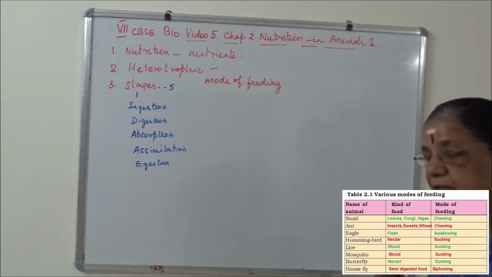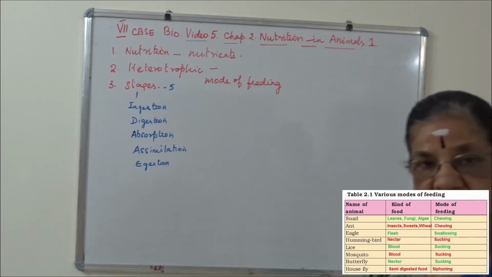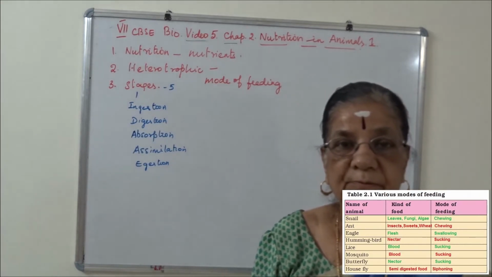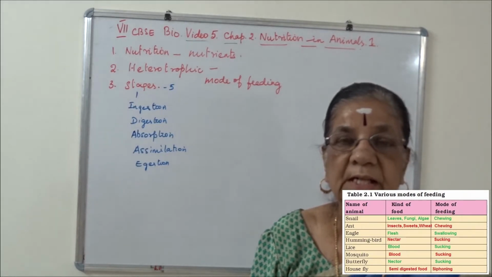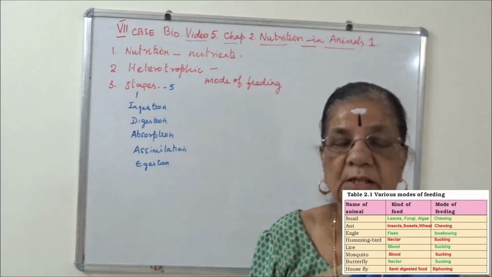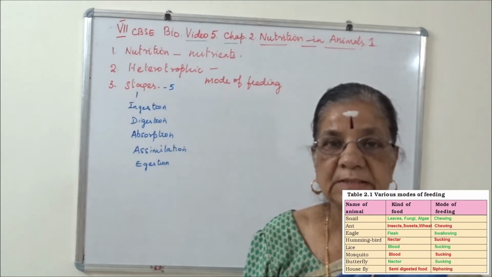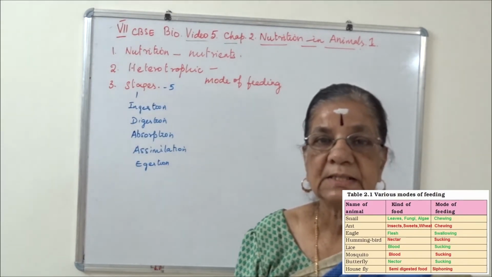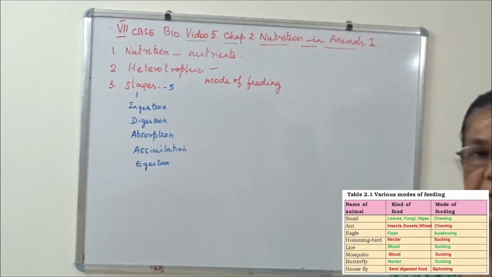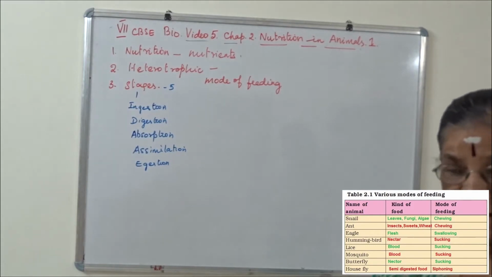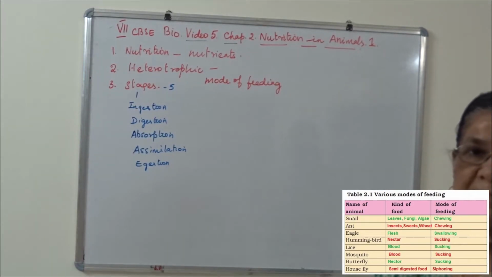Now taking in food is ingestion, and that food goes to the various parts of the digestive system, where the food is digested. Then the digested food has to be absorbed and then synthesized.